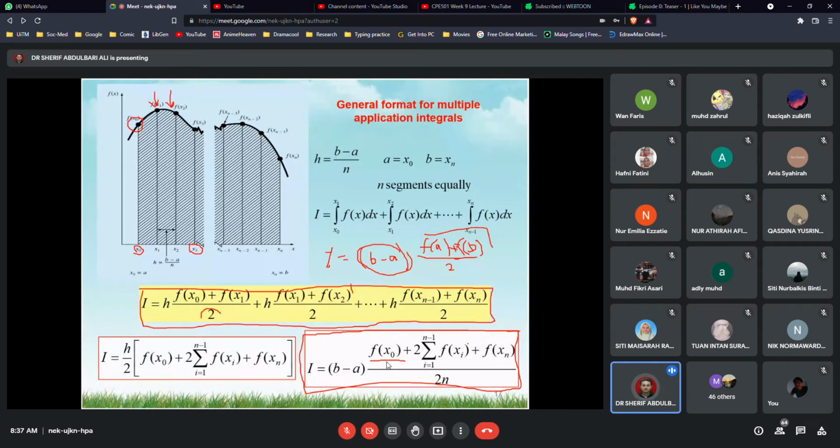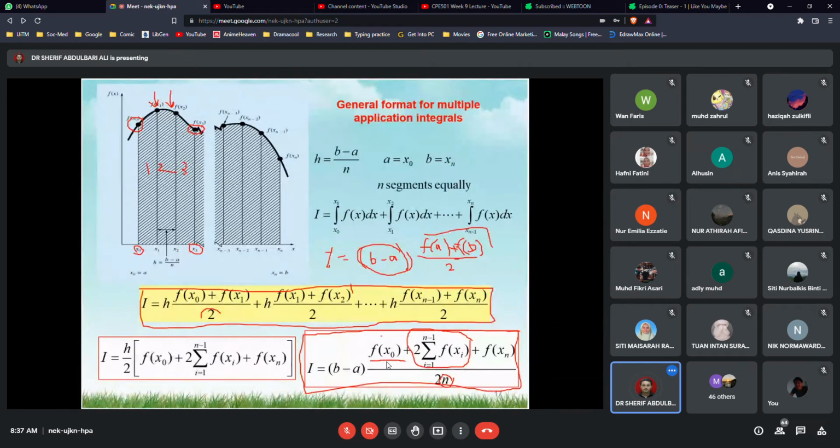So this is what I'm going to put into this part: 2 times the summation of the internal points, plus the function of n, which is the last function, for x3, over 2 times n. n is the number of the segments. How many segments do I have here? 1, 2, and 3. So 2 times 3.